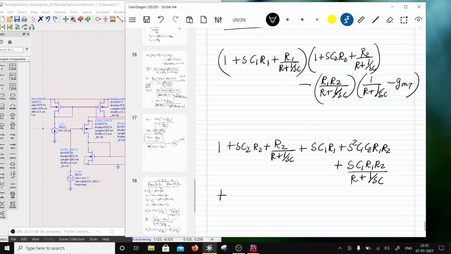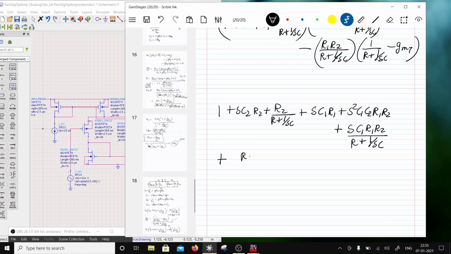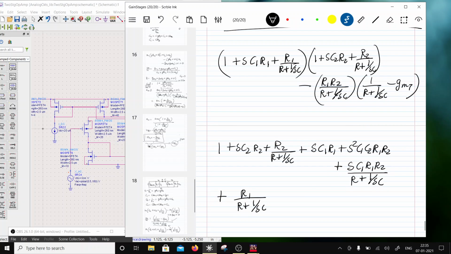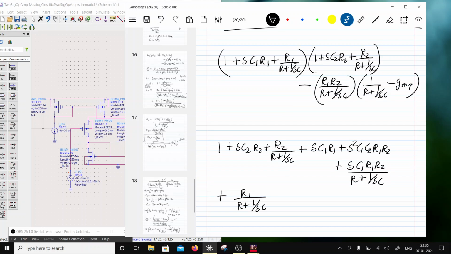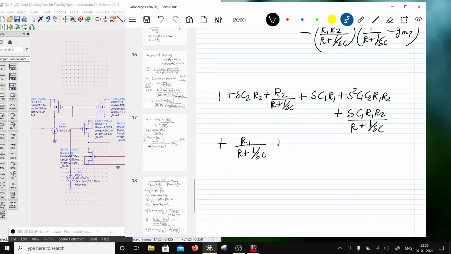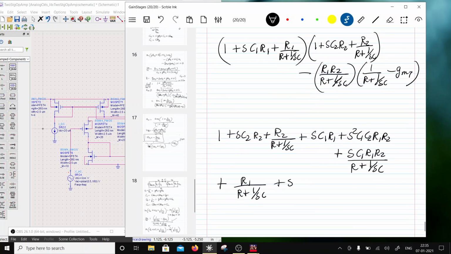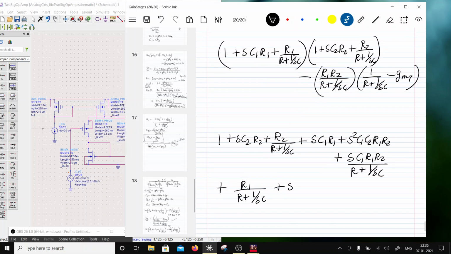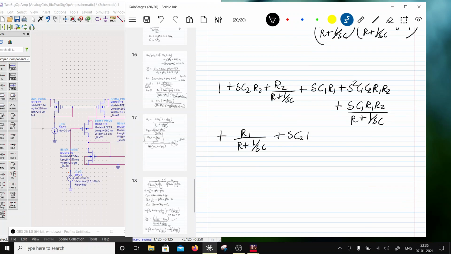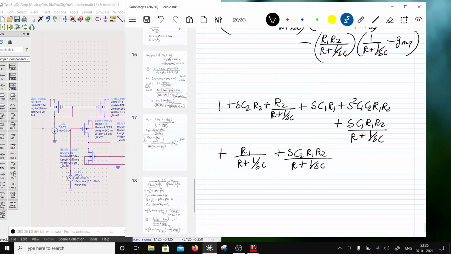The last term would be R1 divided by 1 over SC, okay, and then it will be SC1 SC2 R1 R2 plus SC2 R1 R2 divided by R plus 1 over SC, right?